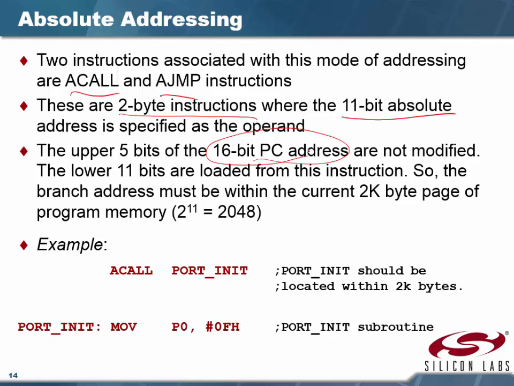That doesn't mean it's within any 2K, because if the current instruction is, for example, F4, our first 5 bits are 11110, that's F0. So we can only specify within whatever we can specify within this.